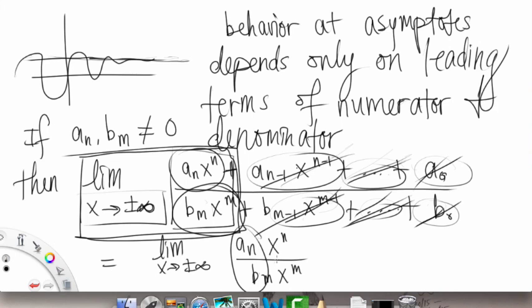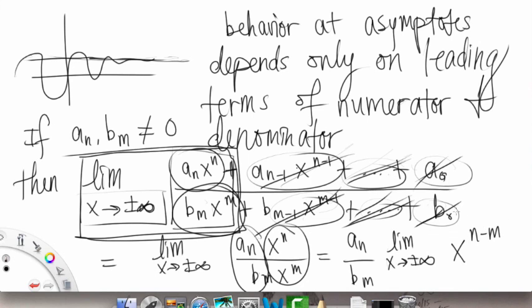Since these are constants, we can pull them out, so we have a sub n over b sub m times the limit as x goes to infinity. Another way to write this is to subtract the exponents: something divided by something can be written as x to the n minus m. So that's basically it.